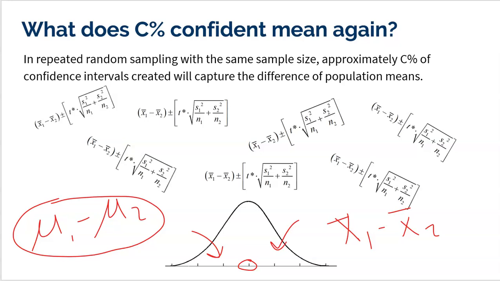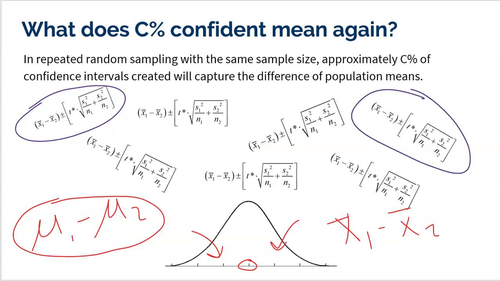So here's where the idea of confidence comes in. Remember, if I look at a sample from population 1 and I get a mean, and I look at another sample from population 2 and I get a mean from that sample, I'm going to have a difference, right? And somebody else can go and do this, right? So I could create a confidence interval based on a difference from my two samples. But maybe somebody else gets two other samples and gets a different interval.